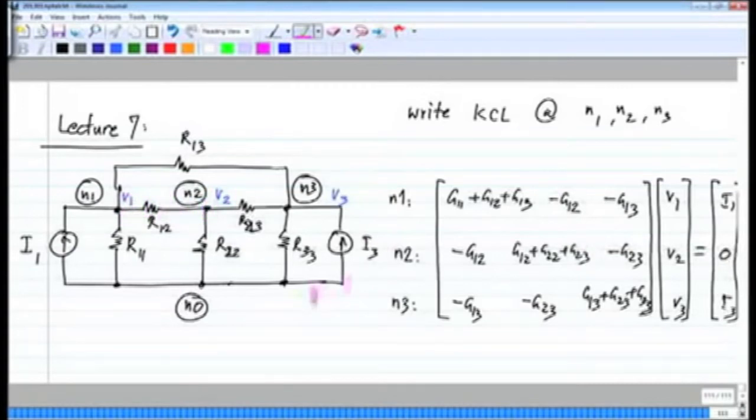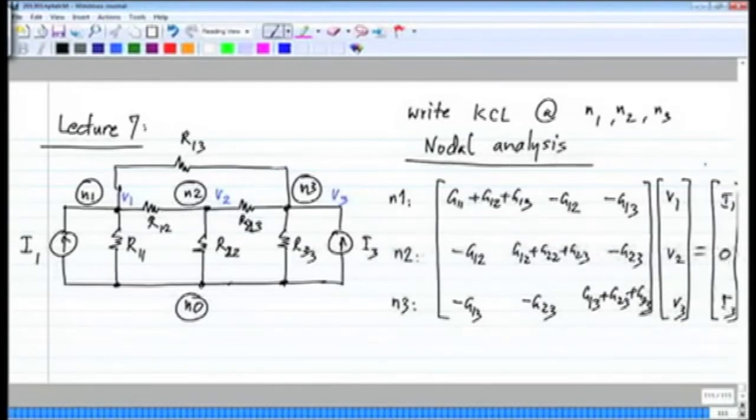So that way you can find all the branch voltages, and you can also find the branch currents by using branch voltages and the element VI relationships. So this is what is known as nodal analysis.